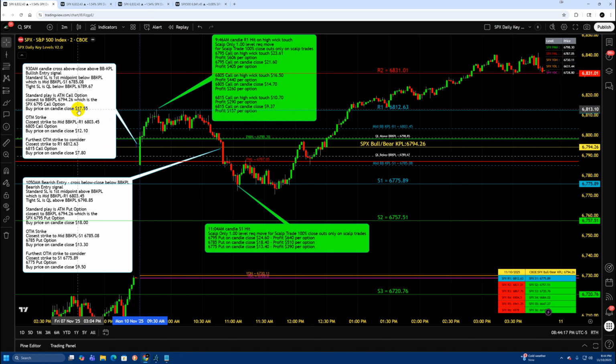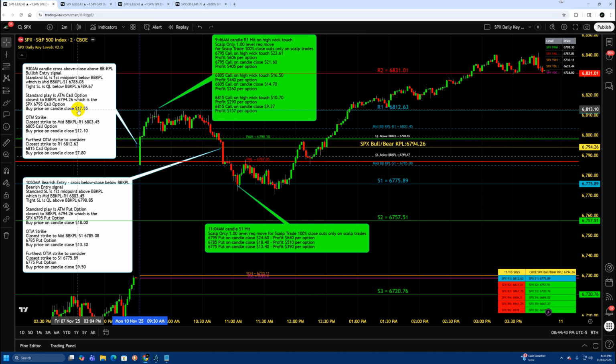The other type of trade that you do with this indicator is called a regular trade. A regular trade differs from a scalp trade in that when a regular trade hits the minimum required level move in your favor, you have several options as to what you can then do. One of those is closing out 100% of your contracts.